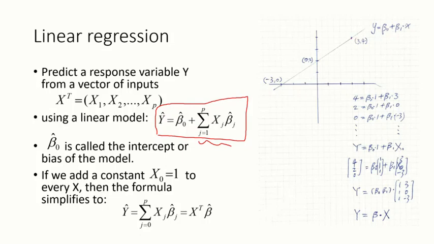If you have 3 points, you have x as 3, 0, -3. So in your x, there are 3 samples, n equals 3. Then you have the corresponding response variable y as 4, 2, 0. So you have 4, 2, 0.